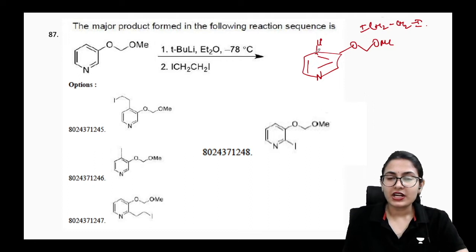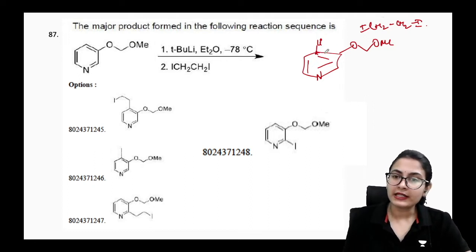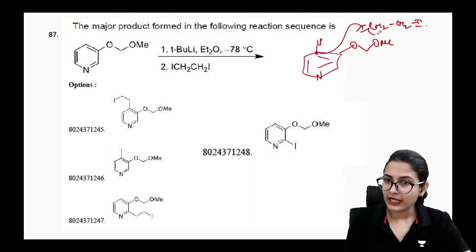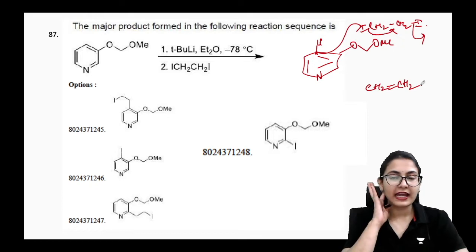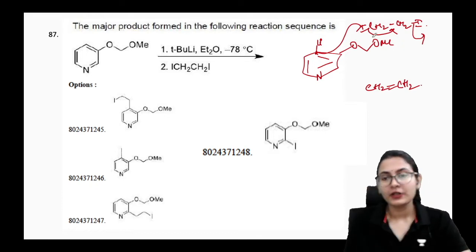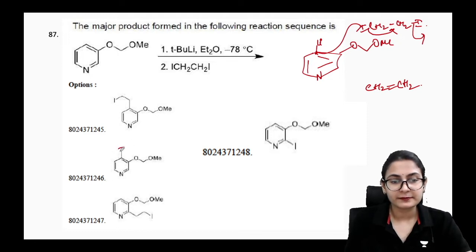So the negative charge is now going to attack the iodine. It is not going to attack the carbon, it will attack the iodine so that the alkene eliminates and you are going to get the iodopyridine. 4-iodopyridine.